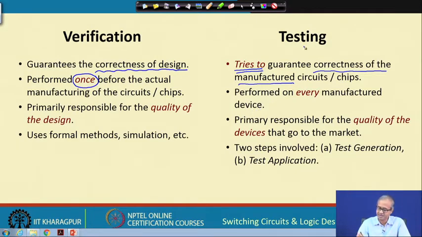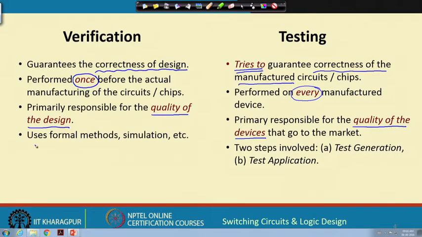Therefore, testing must be performed on every manufactured device. This is one important difference. Verification assures the quality of the design, that the design is free of any errors. Testing ensures quality of the devices, that the devices are probably free of errors. Again I am repeating, you can never give a 100% guarantee.